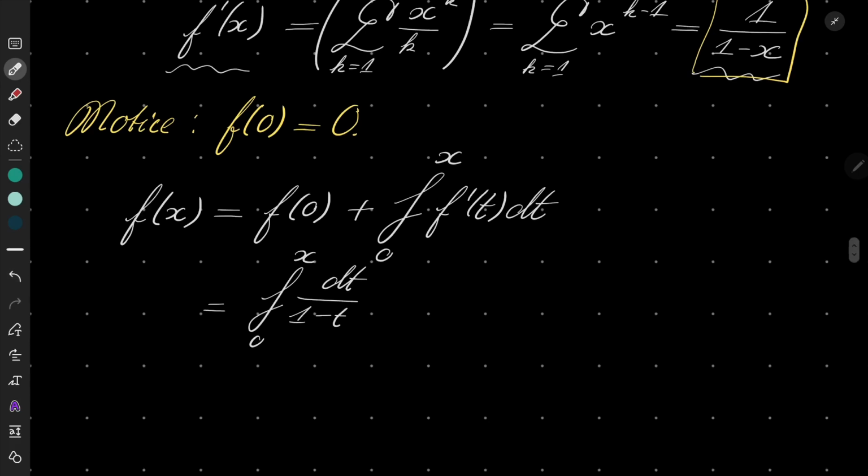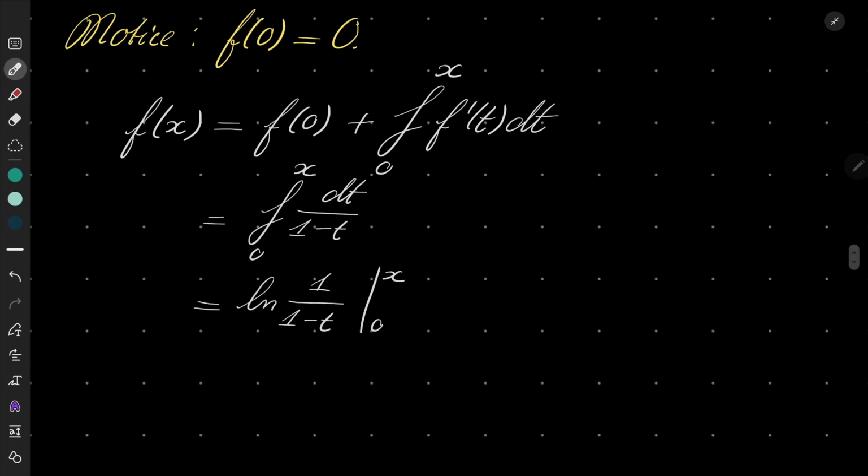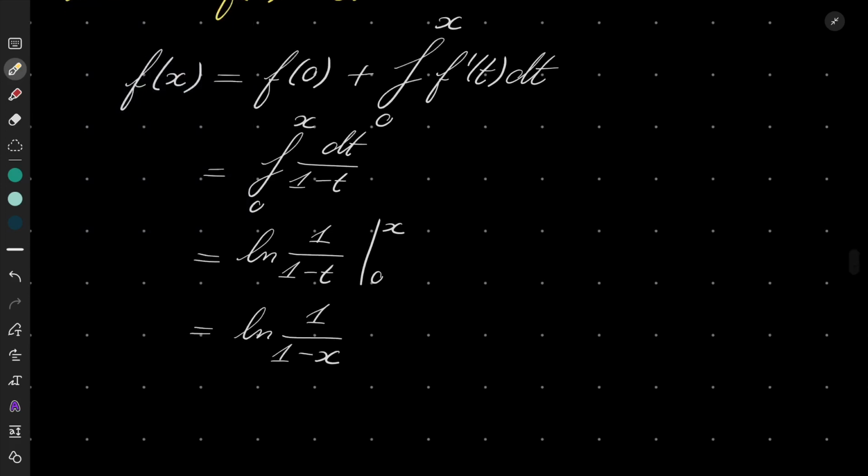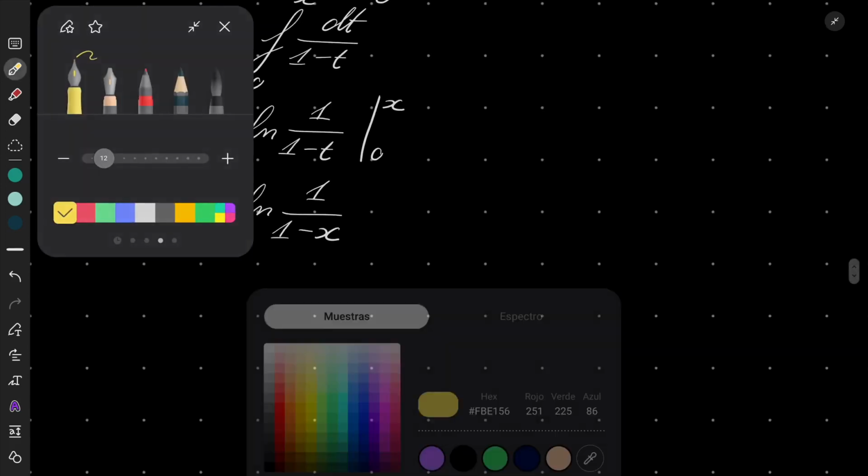And it's pretty elementary to see that it is natural log of 1 over 1 minus t from 0 to x, and it's just natural log of 1 over 1 minus x. Okay, perfect. So I now know my formula for f of x. Maybe let's write it again.